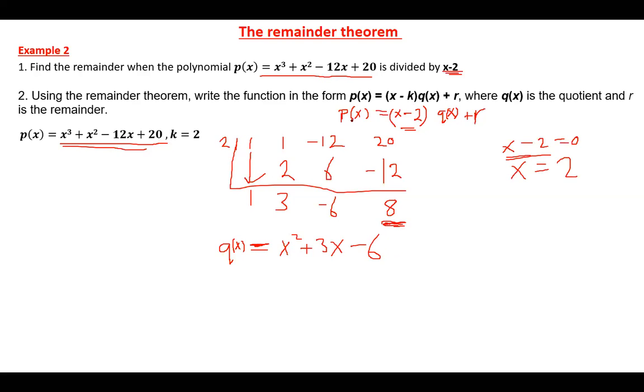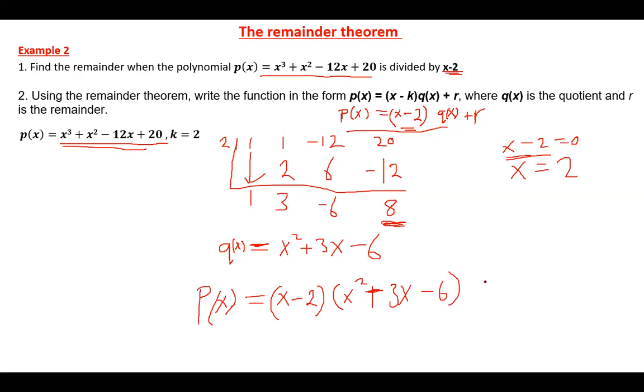So if we were to write it in this expression, according to the question, we can now say p(x) is equal to x minus 2, and then our q(x) is x squared plus 3x minus 6.